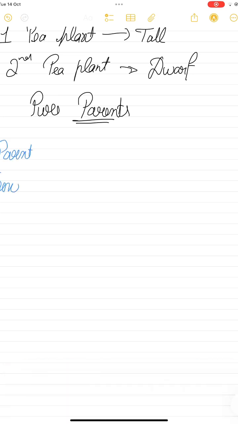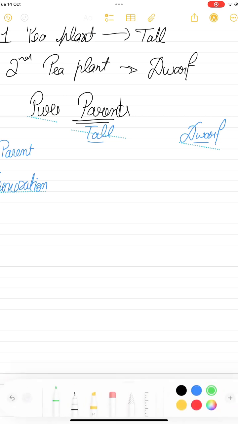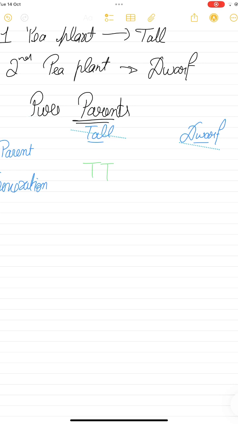He took the parent generation: big T and big T for tall, and small t and small t for dwarf.